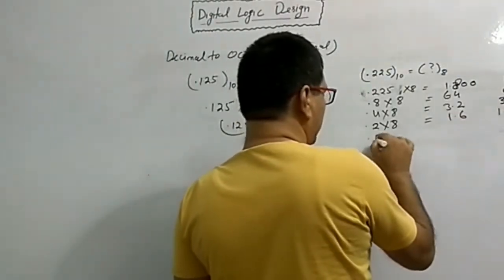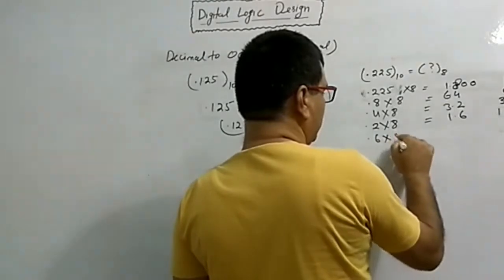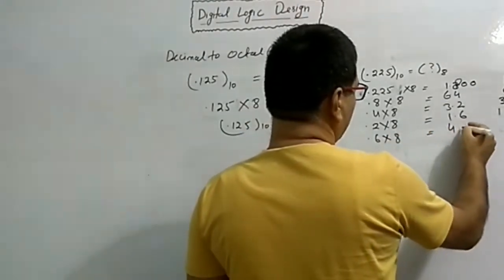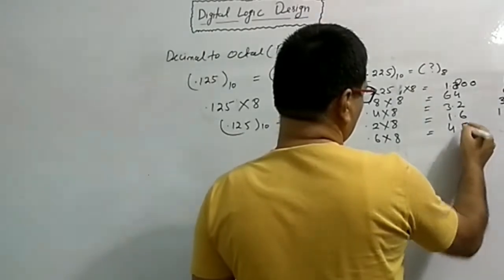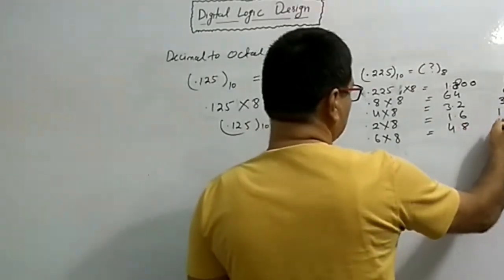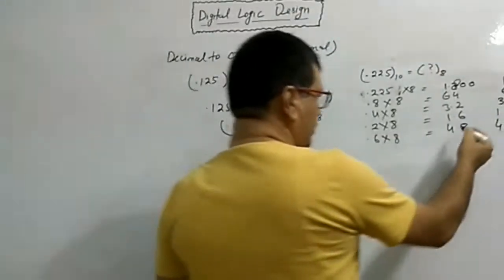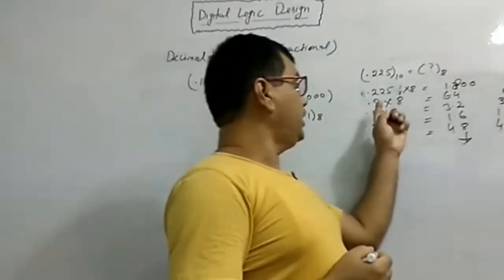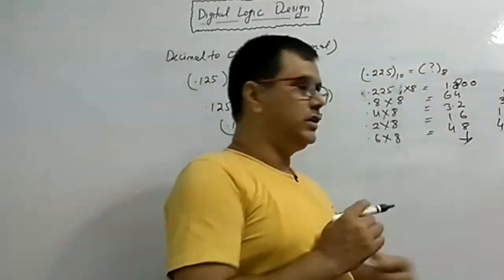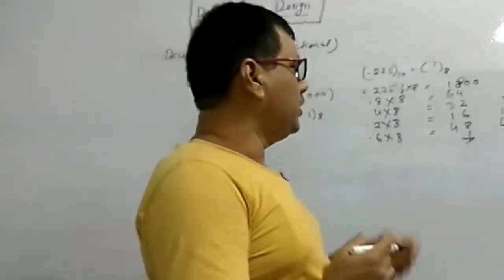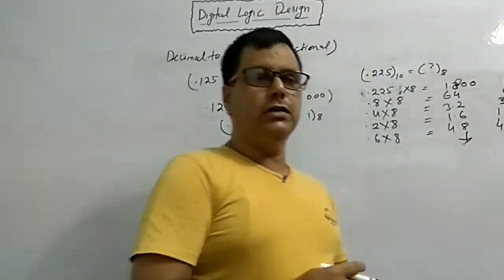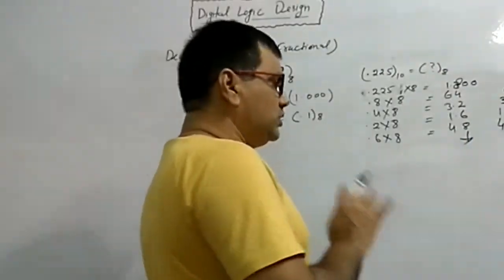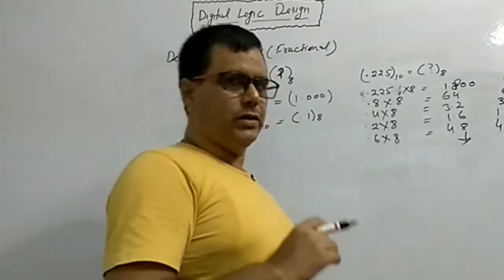Now multiply this 0.6 by 8, this is 4.8. 4 is the integer part. Again the fractional part is 0.8, and earlier there was also 0.8. That means here we are getting a repeated pattern, so we need not multiply again. And this is the case of an irrational number.